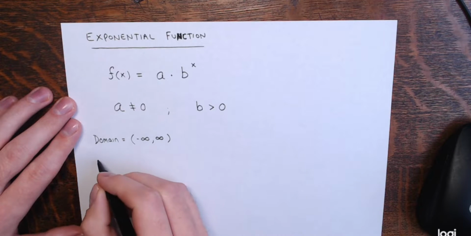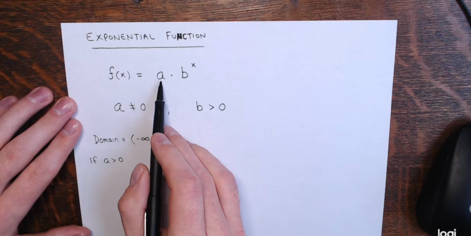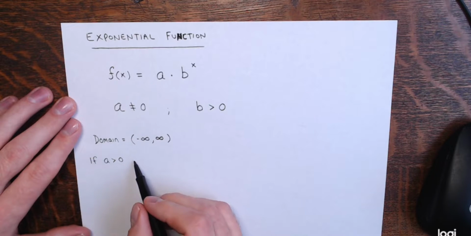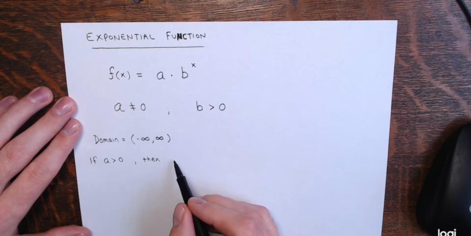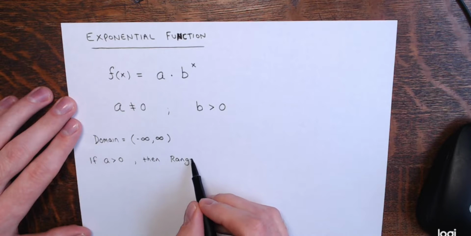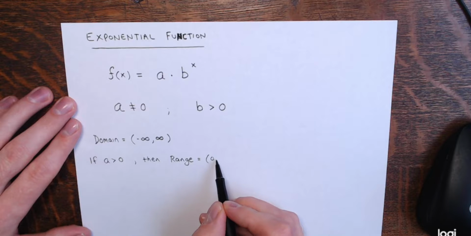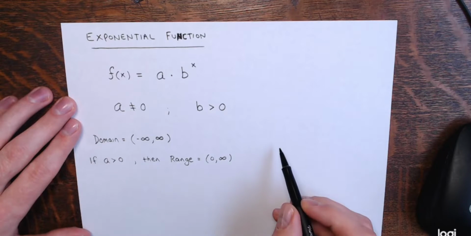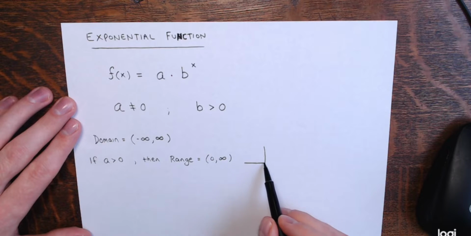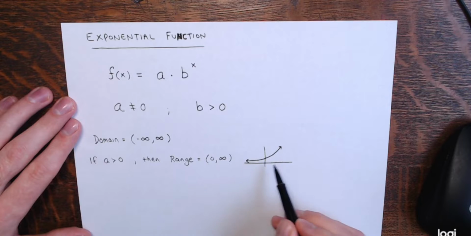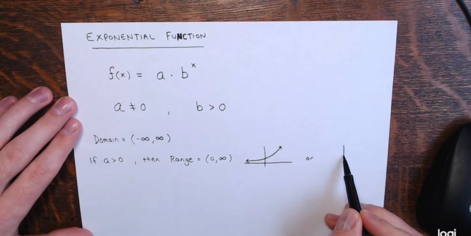Now, if a is a positive number, if this lead coefficient here is positive, then the range of a function that looks like this is all positive numbers, from 0 to infinity, but not 0 itself, and it would look like this. Or like this.